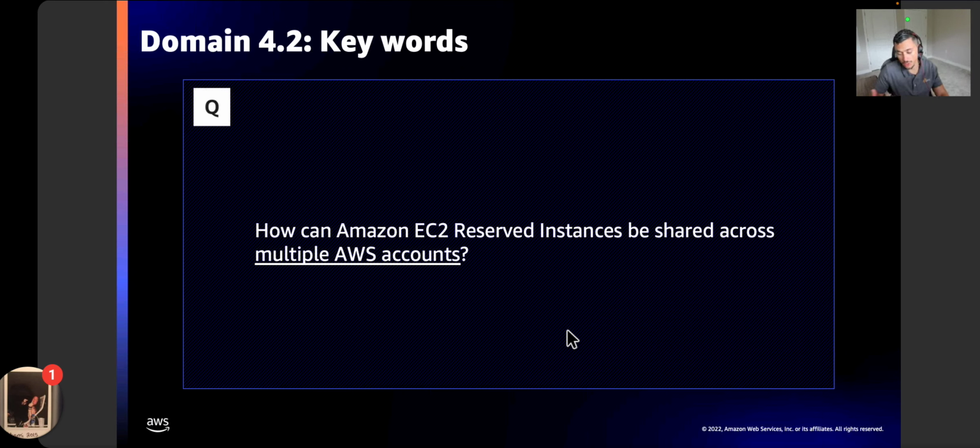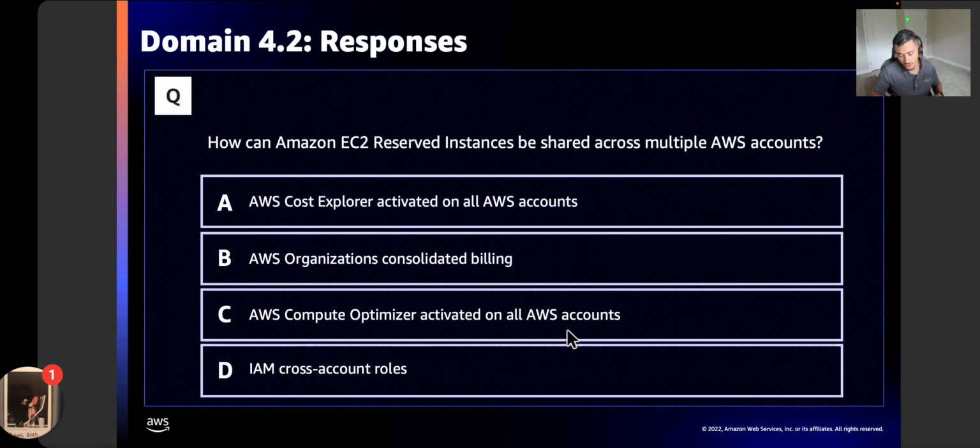So how can we share reserved instance capacity across multiple AWS accounts? Right, what does everyone think?